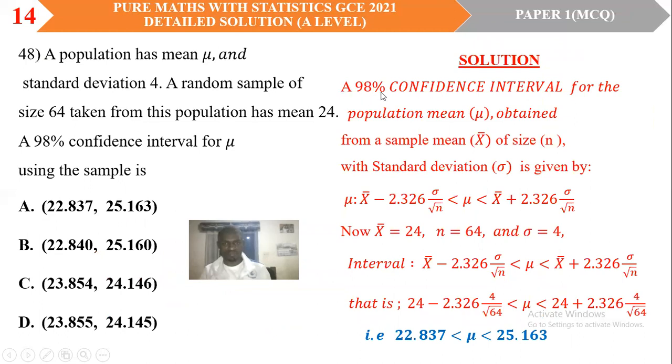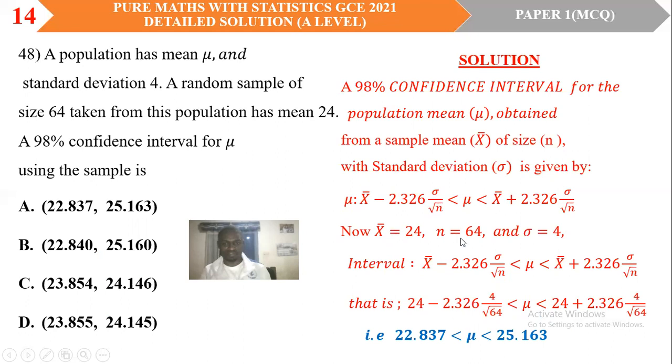A 95% confidence interval for the population mean mu obtained from a sample mean x bar of size n with standard deviation sigma is always given by mu, such that mu lies between x bar minus 2.326 times sigma over root n and x bar plus 2.326 times sigma over root n. In this case, our x bar is 24.